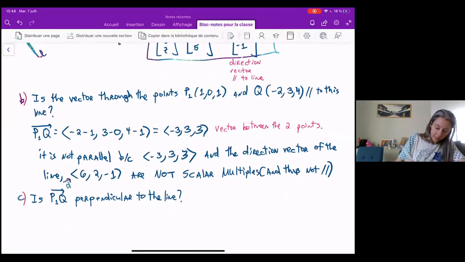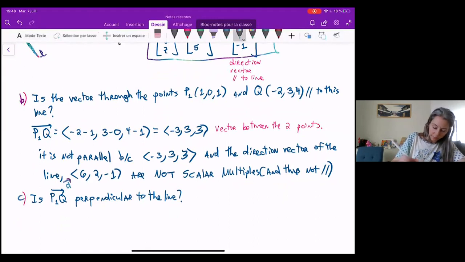So another way of asking this is, is P1Q dot D equal to 0?